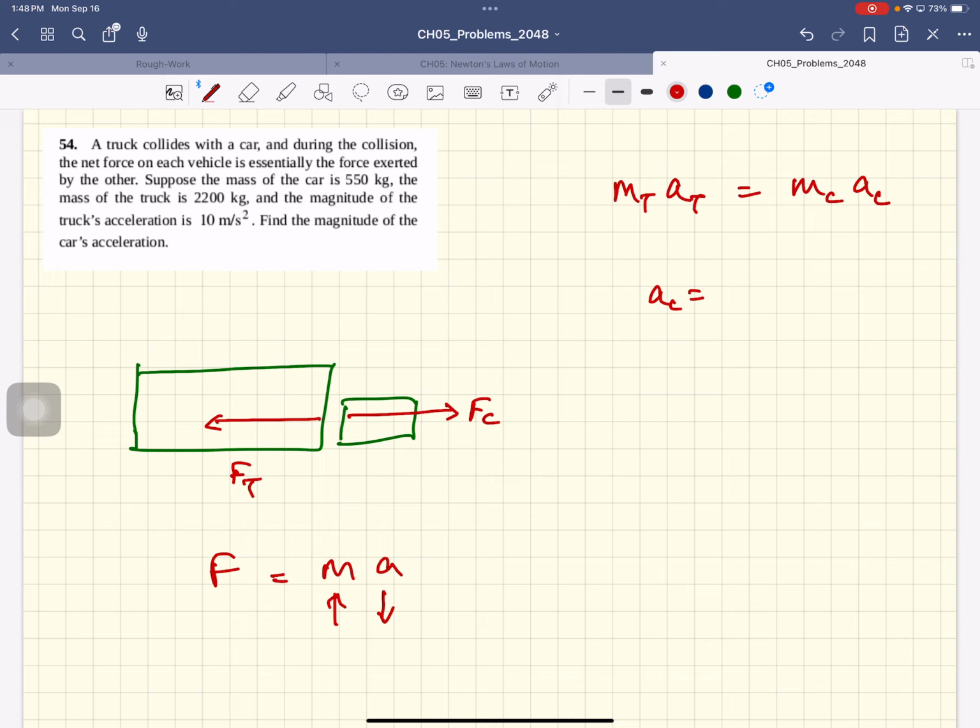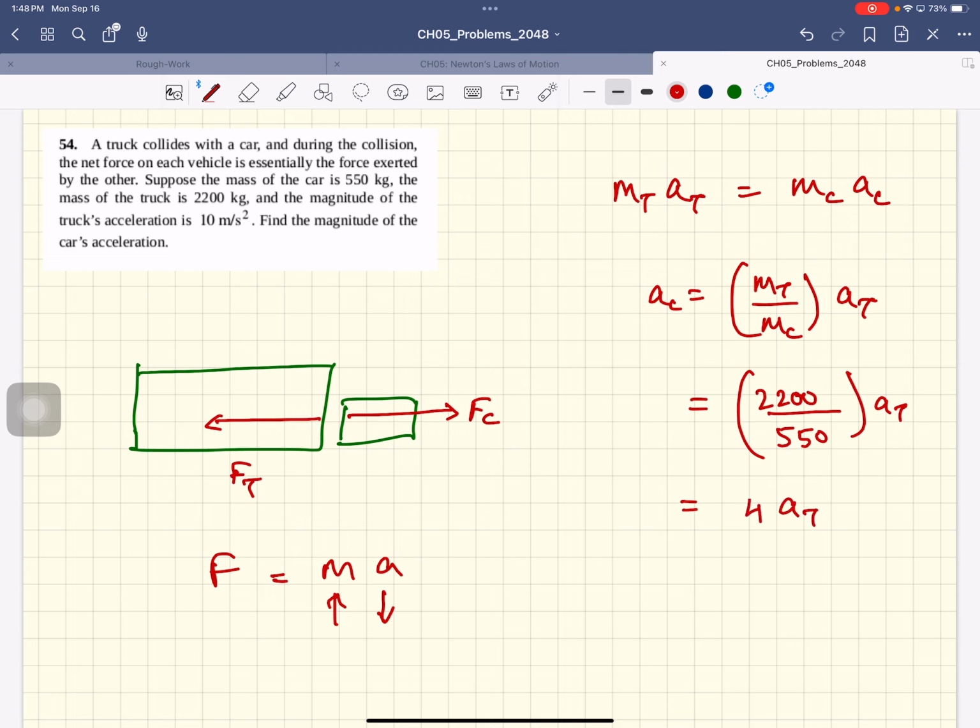Acceleration of the car is mass of the truck over mass of the car times the truck's acceleration. So if you are in the car, since the car is 1/4 as heavy, you're experiencing an acceleration 4 times greater.